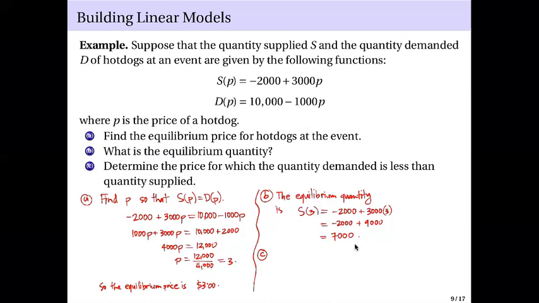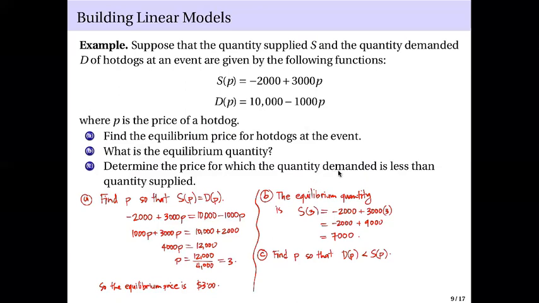For letter C, determine the price for which the quantity demanded is less than quantity supplied. So our goal is to find P so that the quantity demanded, D of P, is less than the quantity supplied, S of P. So what do we expect?